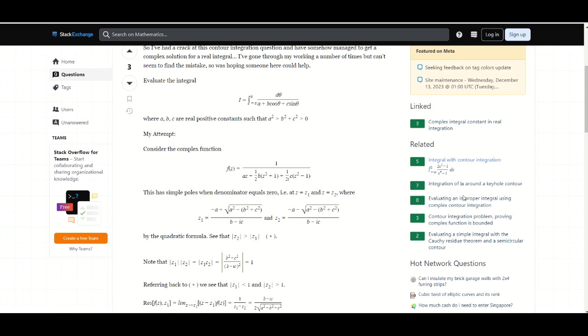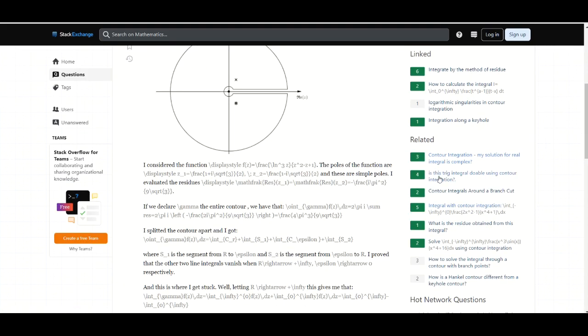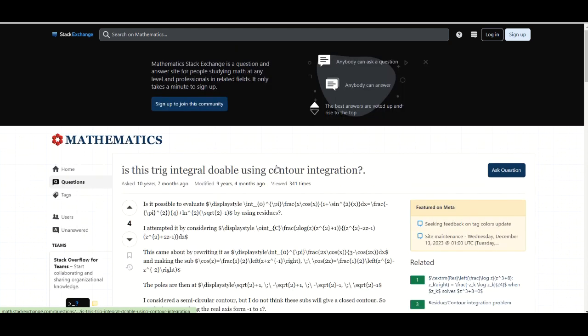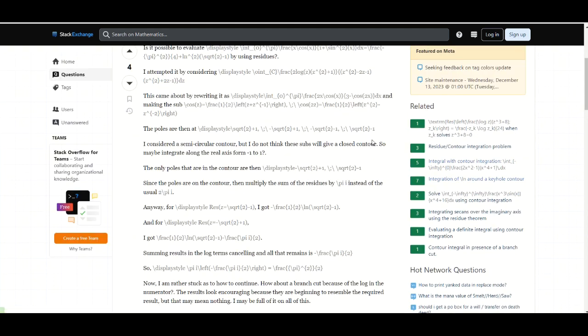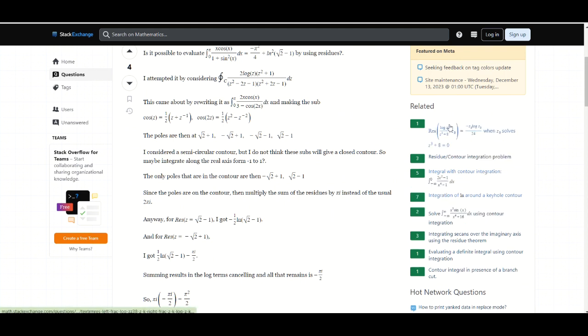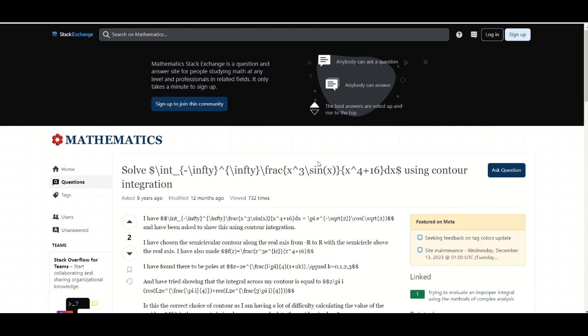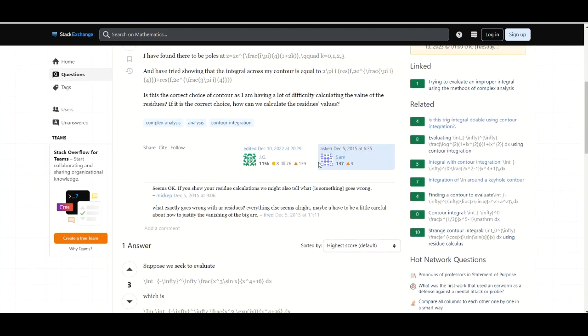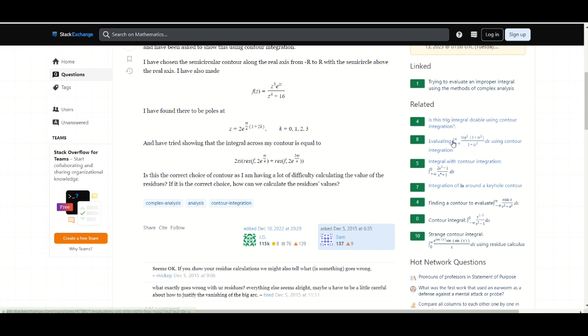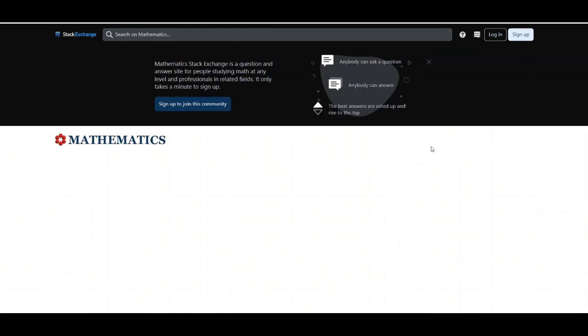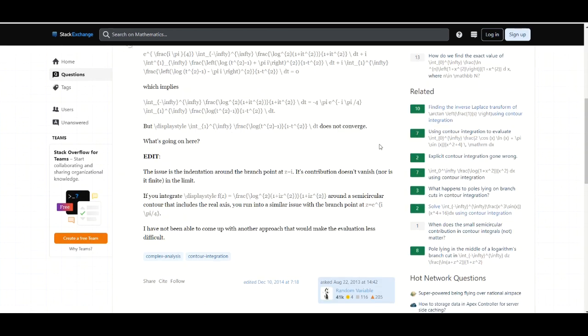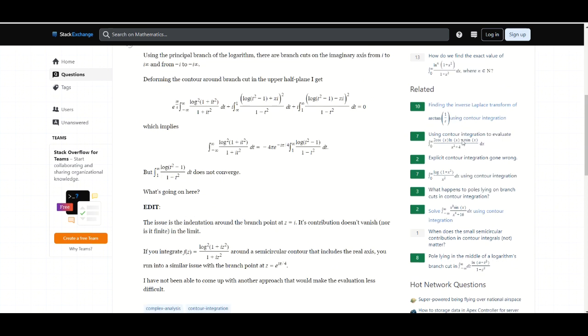We already did this one, so we'll do this. 3, 4, I don't think this is an integral. 5, 6, 7.